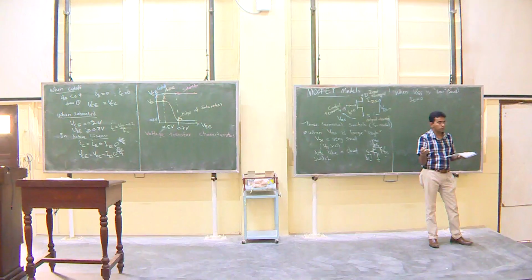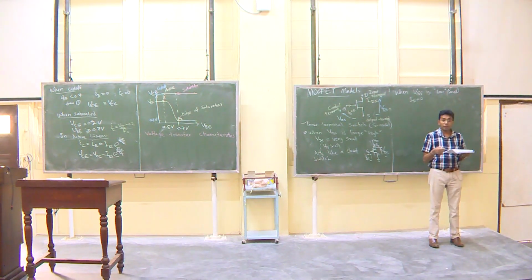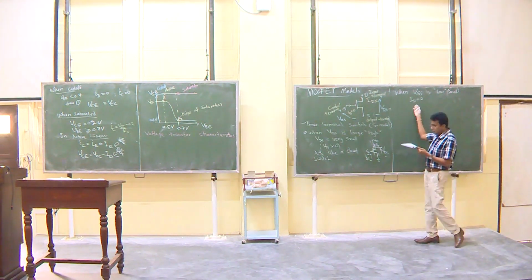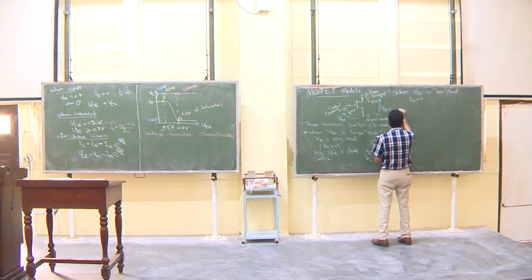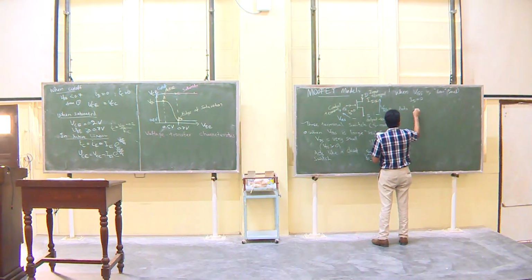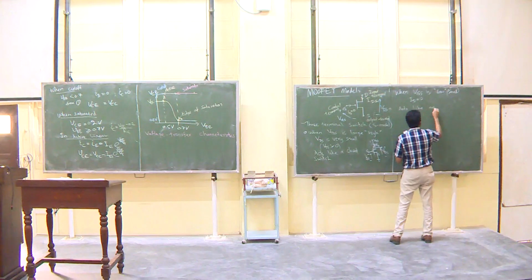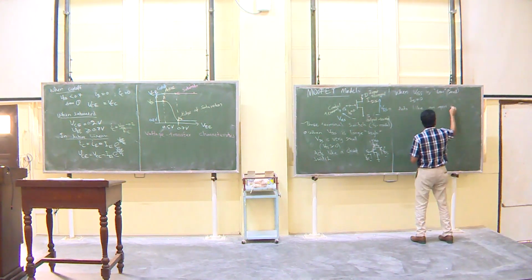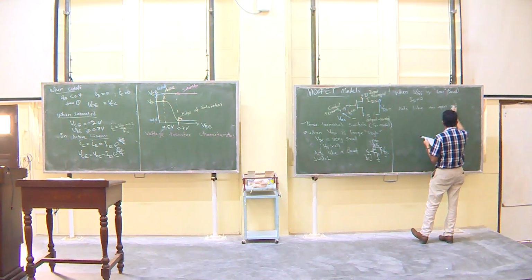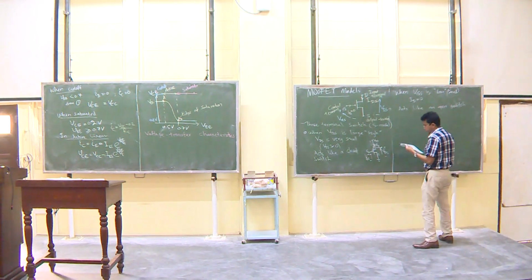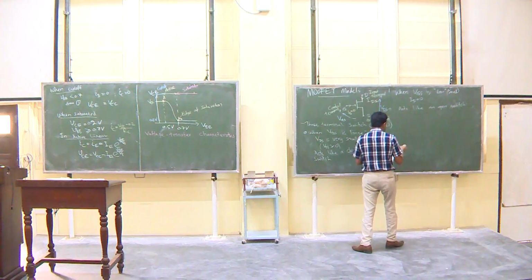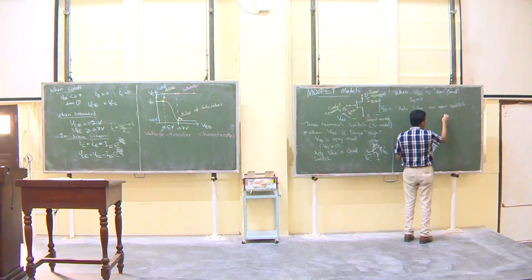ID is equal to 0, right. We do not care about the voltage, right. So, this means it acts like an open circuit, open switch, right. So, we can model it like that.